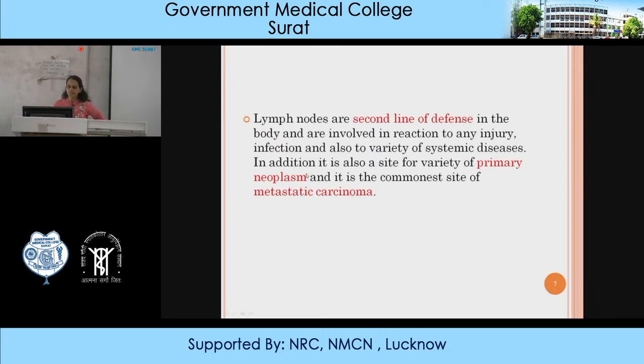Lymph nodes are basically a second line of defense in the body and are involved in reaction to injury, infection, and a variety of systemic diseases, especially immune diseases and autoimmune diseases. In addition, it is also a site for primary neoplasm as well as the commonest site for metastatic deposits.